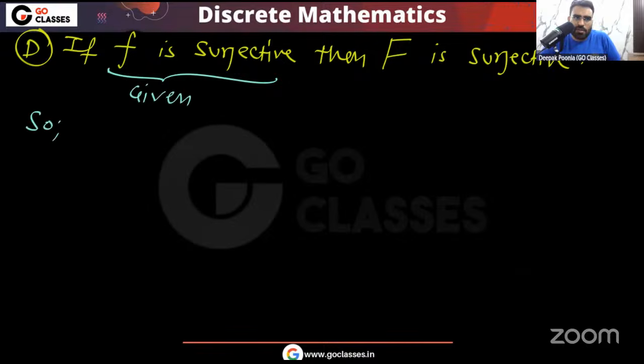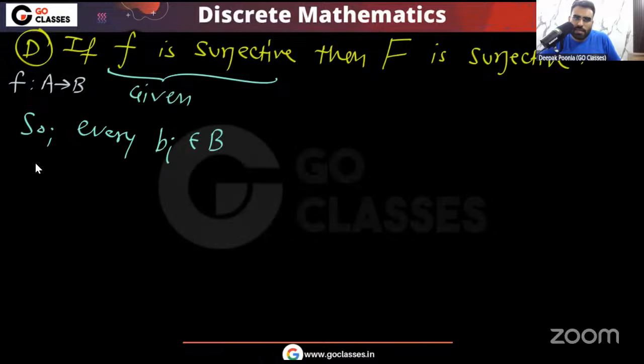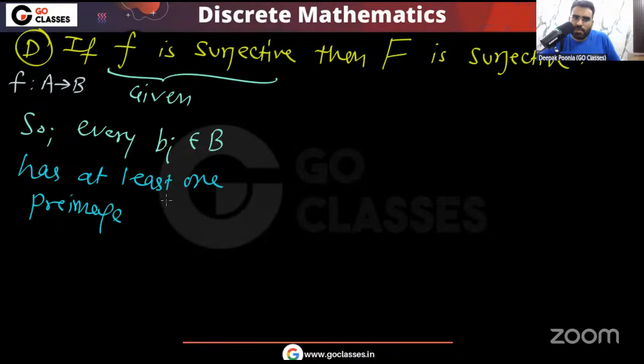So I can say that every Bi that belongs to B, of course this f is from A to B, has at least one preimage. So every Bi in the codomain B has at least one preimage in domain A. This you already know.